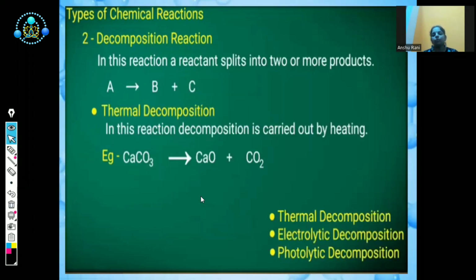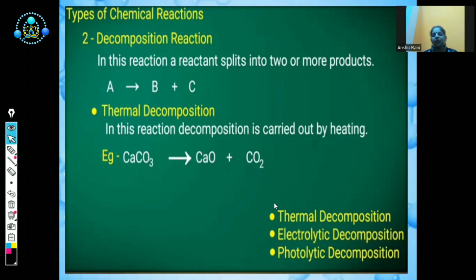Then we have decomposition reaction. Decomposition is just inverse of combination reaction. Here, one reactant is splitting into 2 or more products. Like you are having calcium carbonate, limestone, when heated, it forms calcium oxide plus carbon dioxide. Decomposition reactions are of 3 types: thermal decomposition, electrolytic decomposition, and photolytic decomposition.